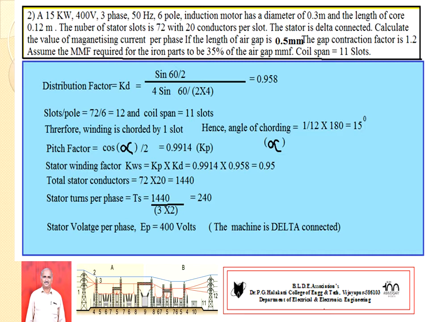So we are going to get this value as 240. Then observe which type of winding is given, which type of stator winding. The machine is connected in delta, hence line value and phase value are both the same. So the given value is line value, it is 400 volts, or EP also equals 400 volts.